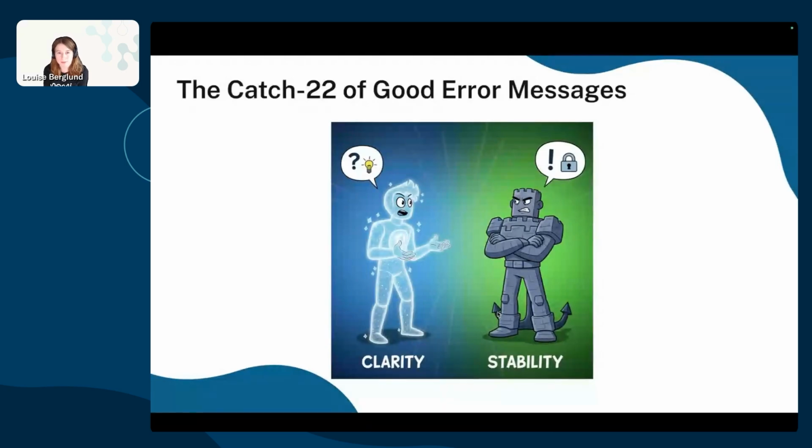So for the longest time, helping users to have good error messages in Neo4j has been a bit of a catch-22 for us developers, because we always have some users who ask for better clarity. Maybe they want some error message to be rephrased, to be clearer, to contain more detail, etc. But then I also have users that ask for more stability, because they have an application or tool or similar that is dependent on the exact phrasing of the error message.